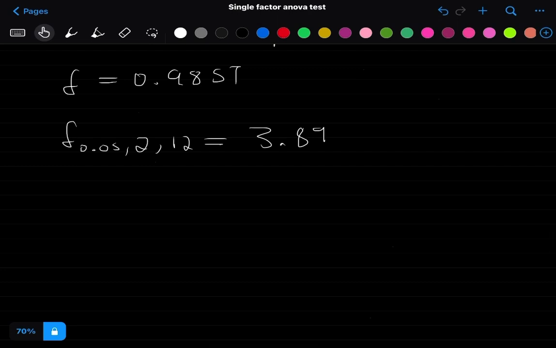Now, we have to make a decision whether we reject the null hypothesis or not. So in this case, we will not reject the null hypothesis because the test statistic is less than the critical value.